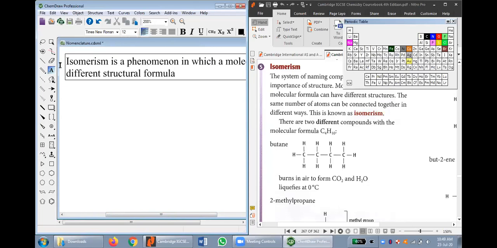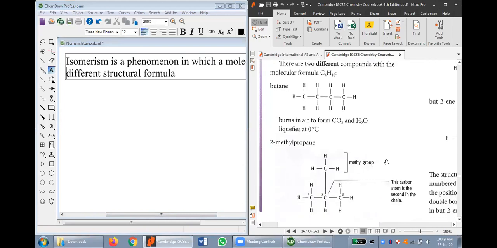How can we give an example to make sure that you understand it? The example is given over here in the book, and we're going to pick the same example. The example has the molecular formula C4H10, that is simply butane, and butane can easily be drawn in a way like this.